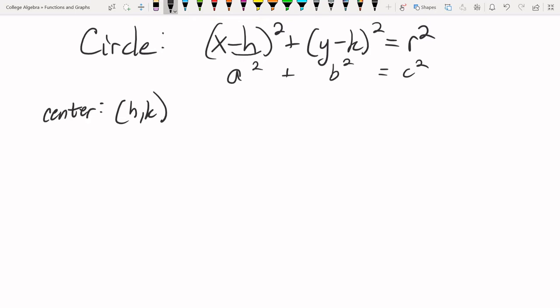Notice we have negative h and negative k, which means if we have x plus 4 squared, then h is going to equal negative 4. Just keep that in mind. The same thing is true for k. And r is the distance from this center point. In other words, the radius.